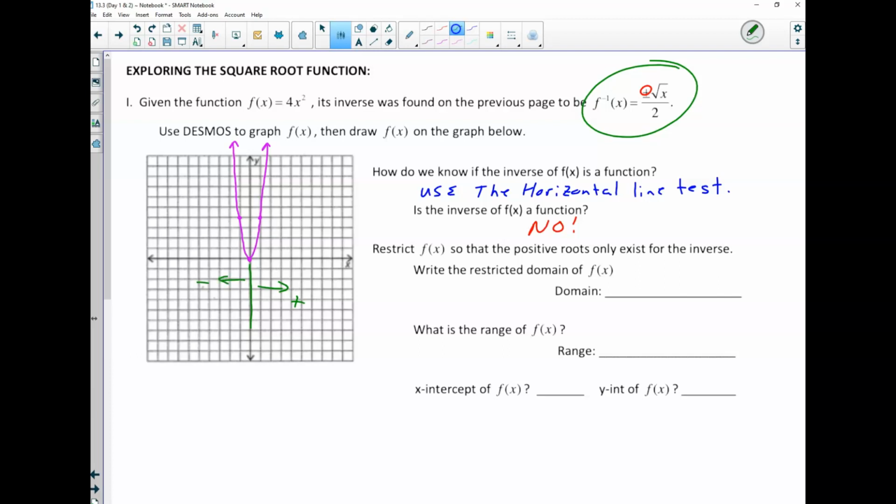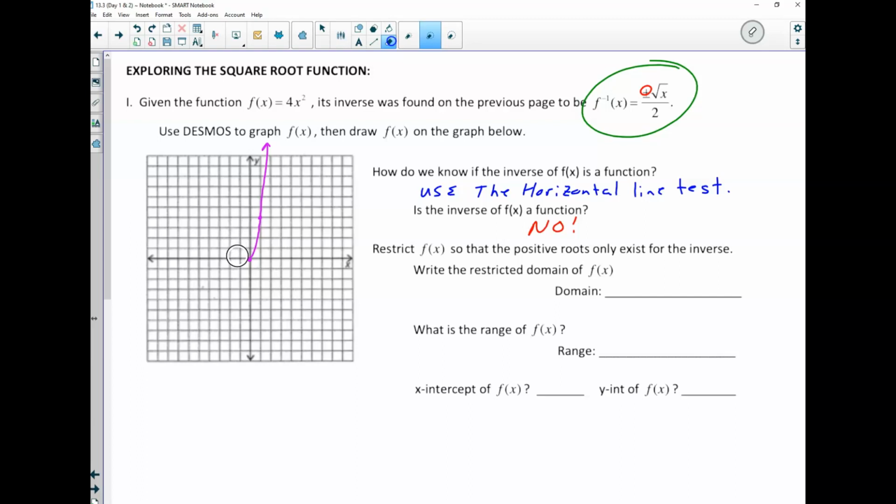How do I know that? Well, bottom line, I think of it as simply this is the direction of the positive numbers, and this is the direction for the negative numbers. So that's what I'm going to do. I'm going to restrict the domain so that its inverse will be a function. What I'm doing is erasing the whole left side of this guy.